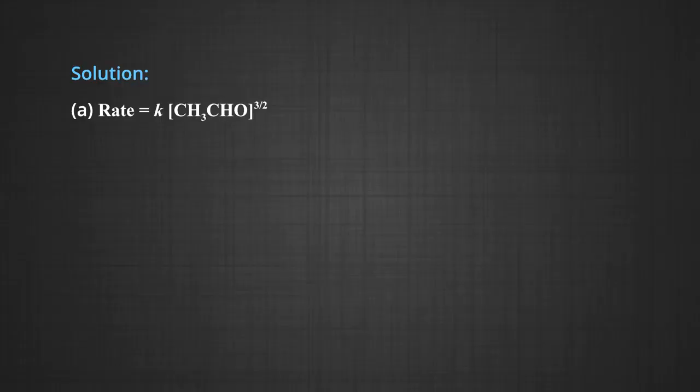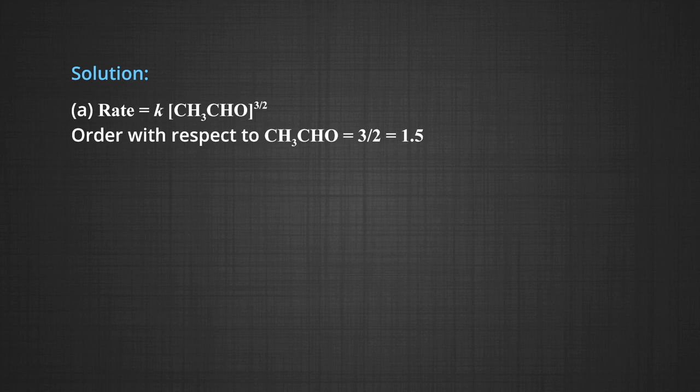First of all, part A: rate is equal to k, concentration of CH3CHO raised to power 3 by 2. Order with respect to CH3CHO now will be 3 by 2, or you can say 1.5. And the overall order of the reaction is equal to 3 by 2, equal to 1.5.